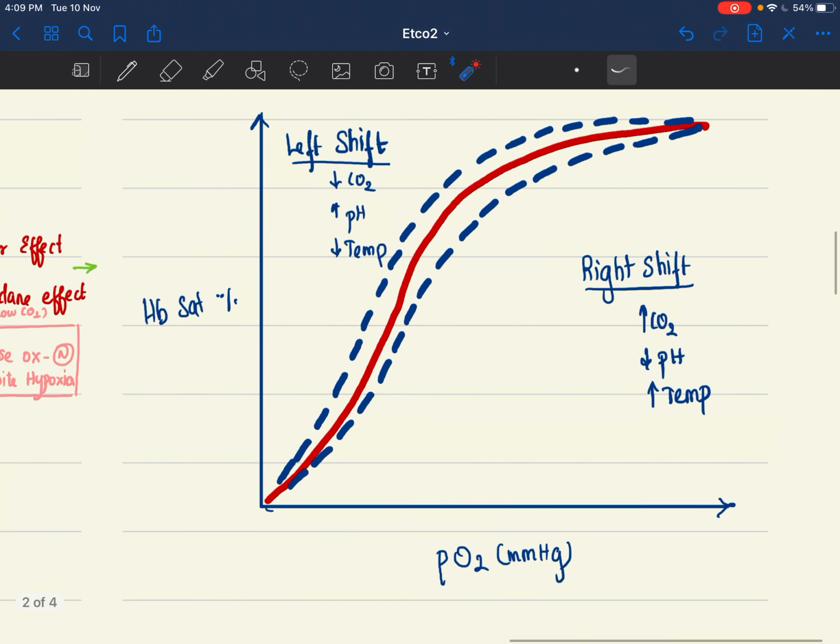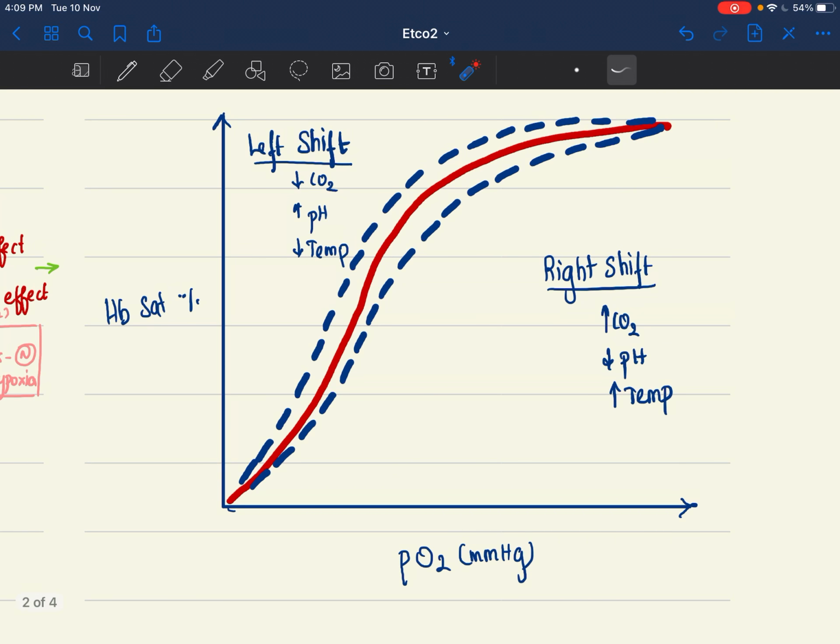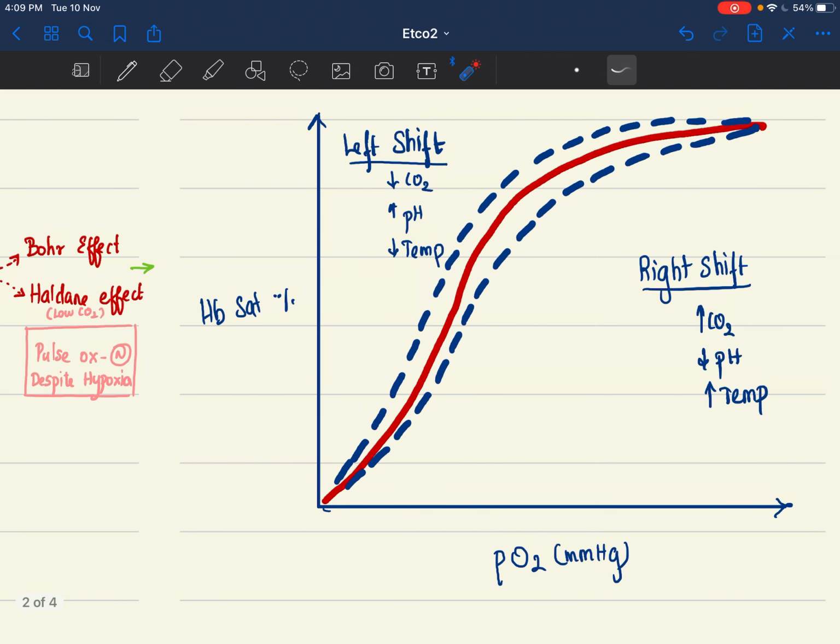Just a small bit about physiology. You must have known about this Bohr effect and Haldane effect, isn't it so? The relationship between PaO2 and hemoglobin saturation is non-linear. A right shift indicates that hemoglobin is having less affinity towards oxygen, which means it is releasing oxygen fast and it is not attaching to it enough. Left shift means hemoglobin is having increased affinity to oxygen.